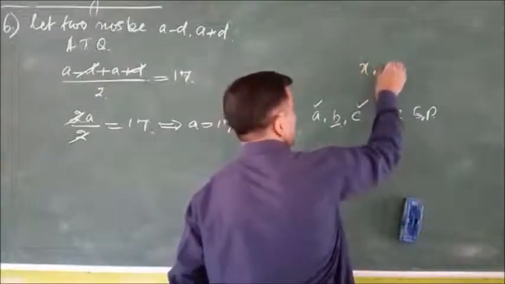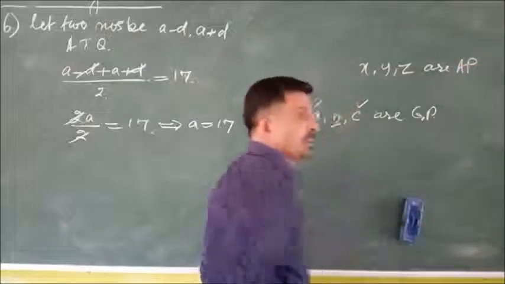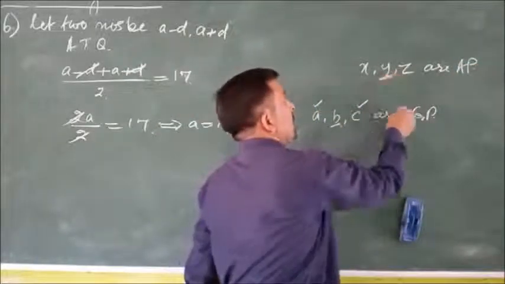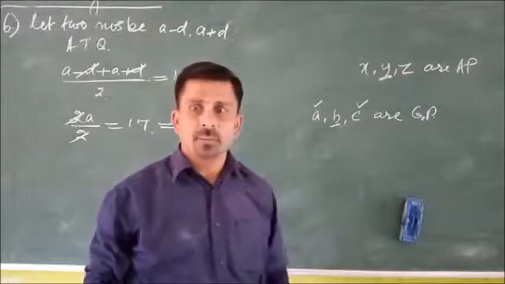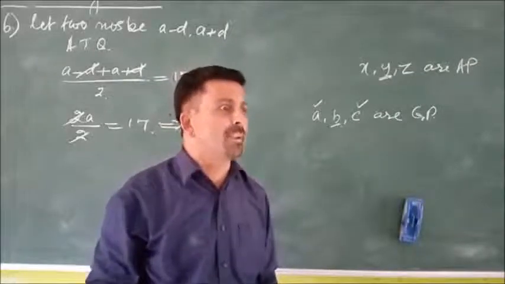Suppose X, Y and Z are in AP, then Y is said to be the arithmetic mean of X and Z. The definition is the same, but the process of calculating is different.